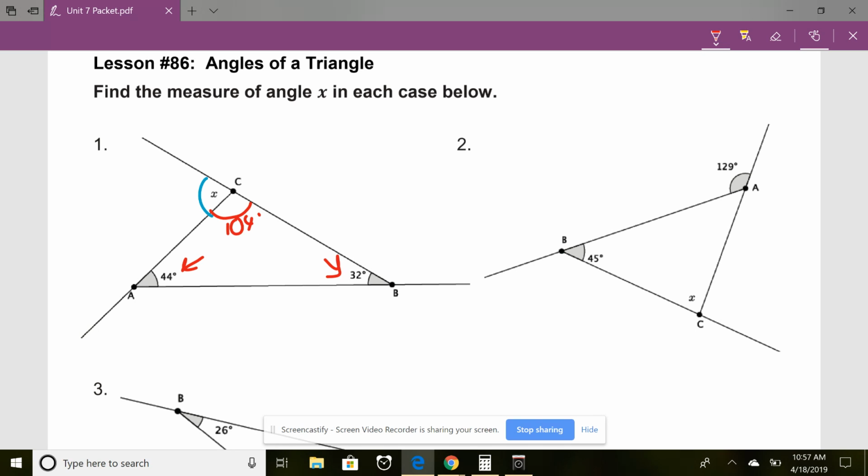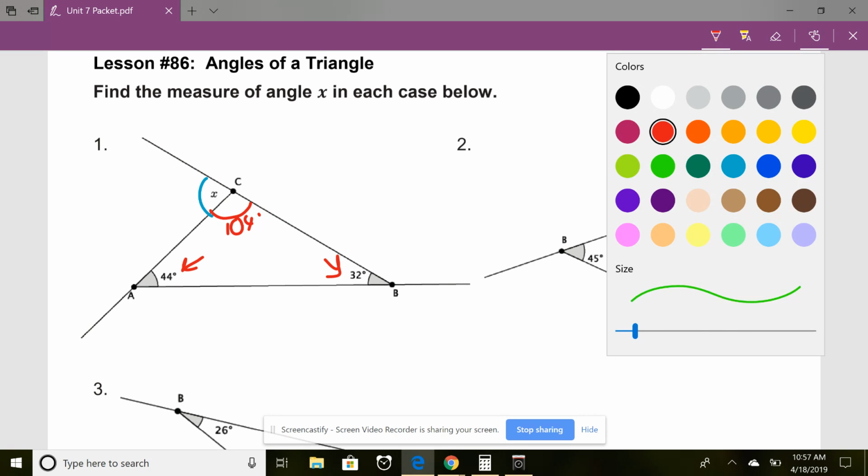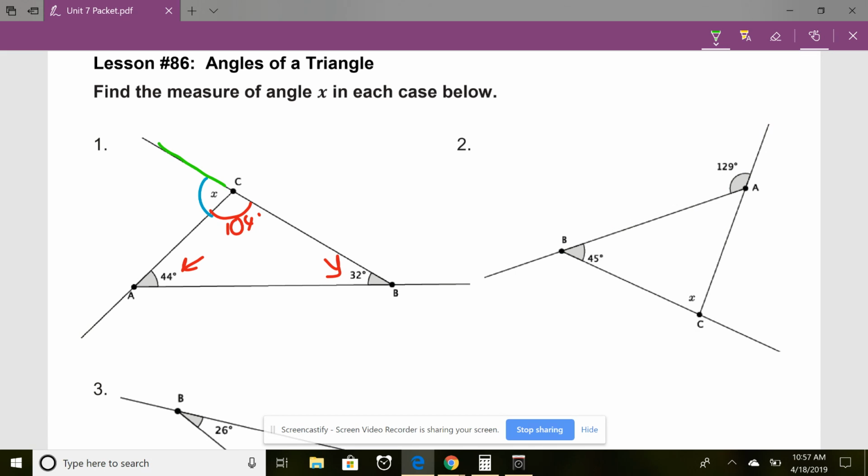degrees. Now you know that this is a straight line right here. I should do this in a different color. I'll do this green. You have a straight line right there. Remember, 180 degrees is in a straight line.